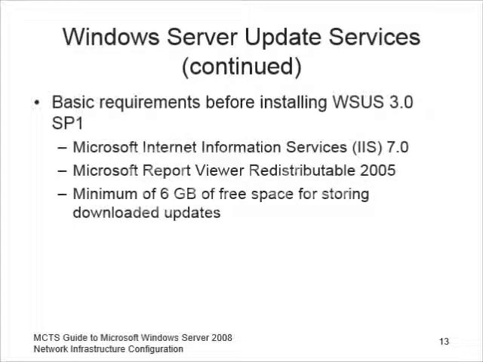To install Windows Server Update Services 3.0 or later, you need to have the following software and hardware requirements. First, a server running the Internet Information Services server role, including the following components: Windows Authentication, ASP.NET, 6.0 management compatibility, and IIS Metabase compatibility.